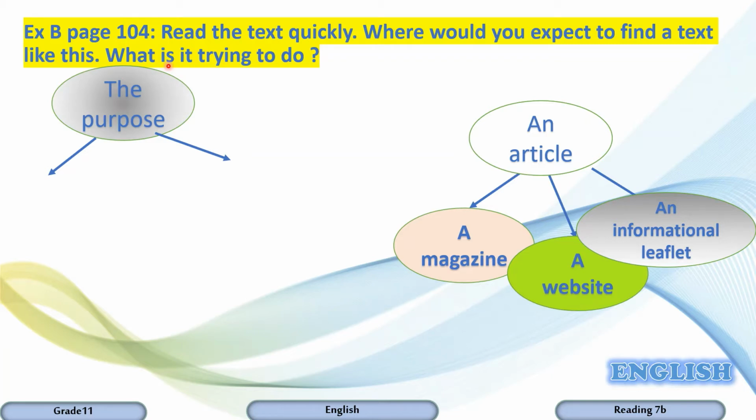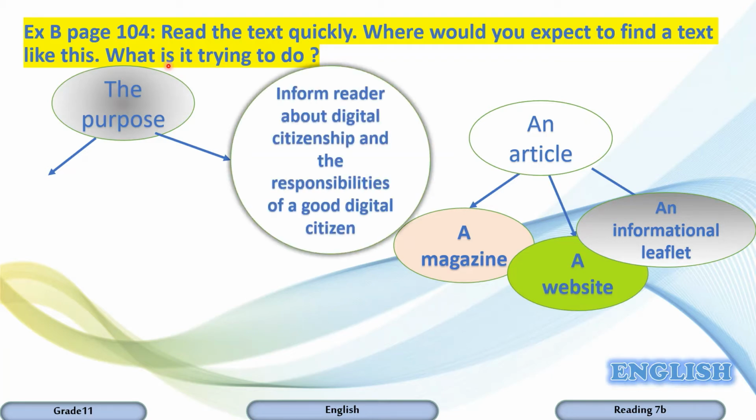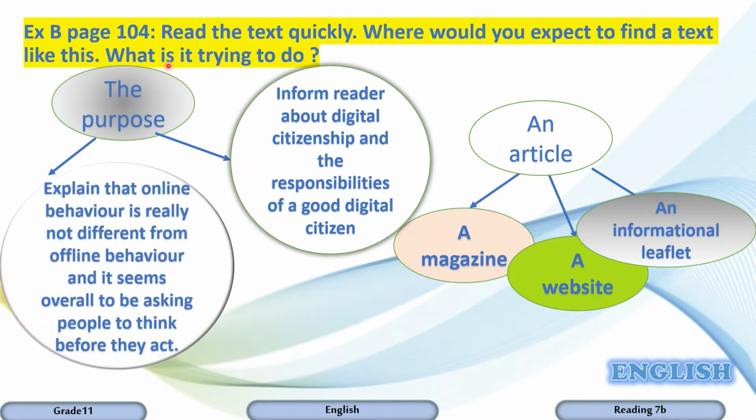You can go through the introduction. It's to inform readers about digital citizenship and the responsibilities of a good digital citizen, to explain that online behavior is really not different from offline behavior, and it seems overall to be asking people to think before they act. So this is about how to be a good citizen in the online or the virtual world.